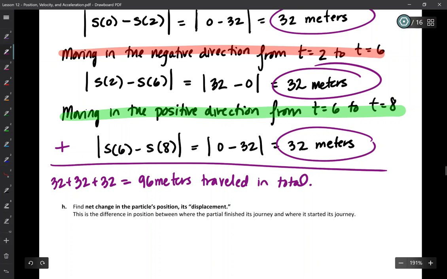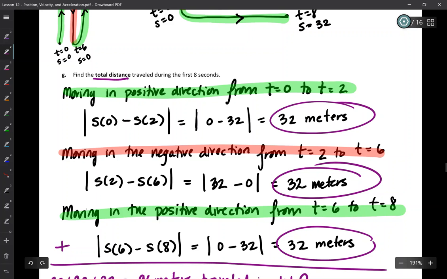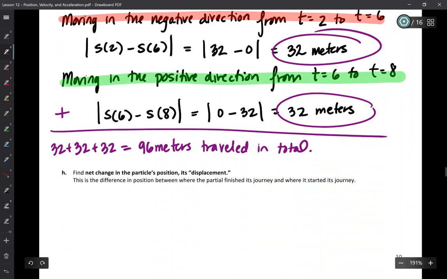Now, total distance traveled is different than displacement. Displacement is known as a net change in position.